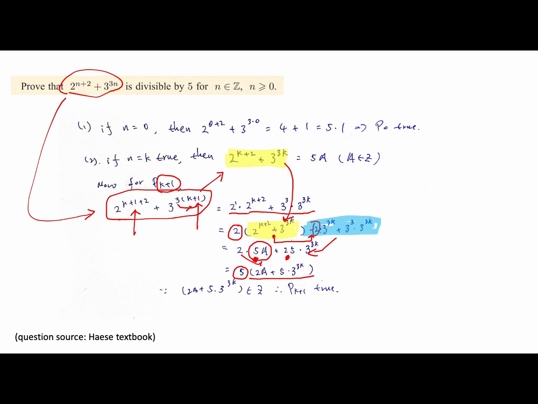Since i is an integer, and 2k plus 3 times by 3k is also an integer, therefore P(k+1) is true. So the strategy I introduced here is the substitution part. From here to here, you can always use this strategy for all the divisibility tasks.